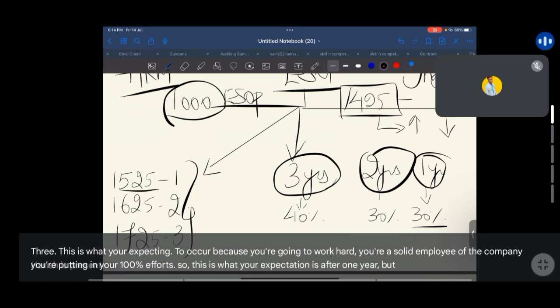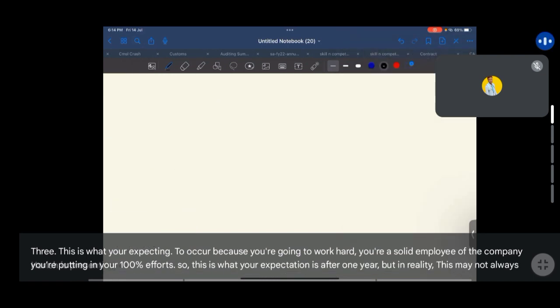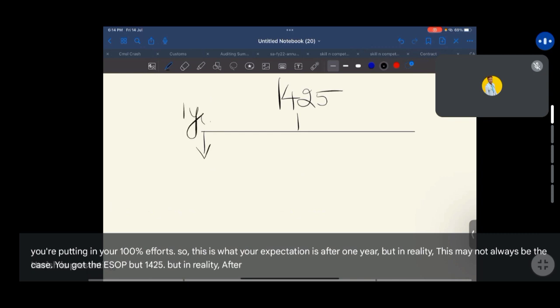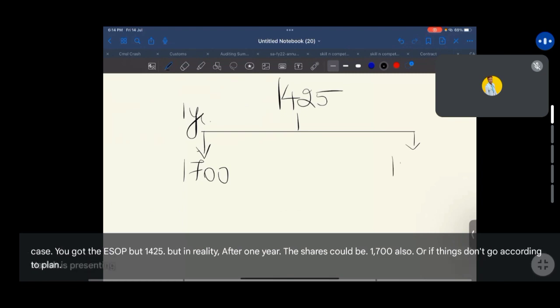But in reality, this may not always be the case. You got the ESOP at 1425, but in reality, after 1 year, the shares could be 1,700 also, or if things don't go according to plan, shares may come down to 1,000 rupees also. Both are possible, right?